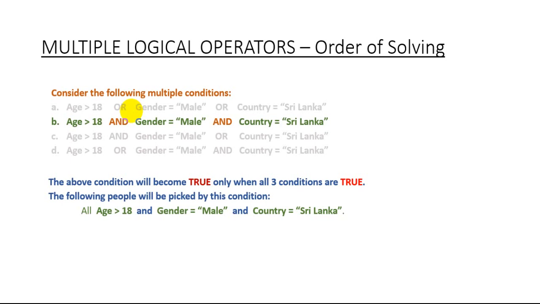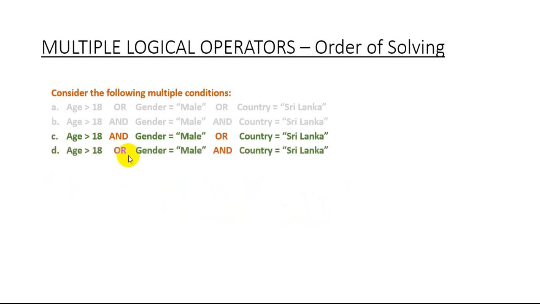So OR is very flexible, and AND is very strict. All of them have to be true to be picked up, so it will only pick that set of people. We saw that for OR there were three sets of people included, but here only this set of people will be included.